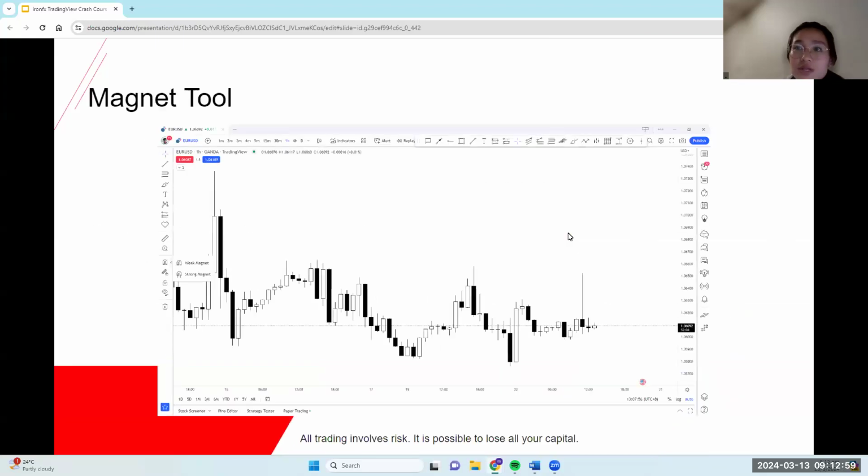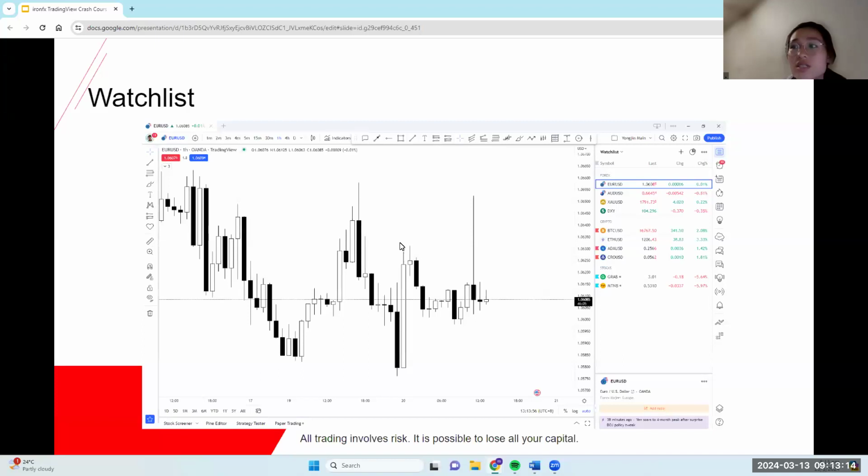Okay, secret TradingView tips. There's the magnet tool over here, which basically allows you to check whether the price is at a weak area or at a strong area. Watch list. Basically, when you click on this icon, you can add a bunch of stocks or cryptos or Forex currencies over here so that it's easier for you to toggle between the charts.